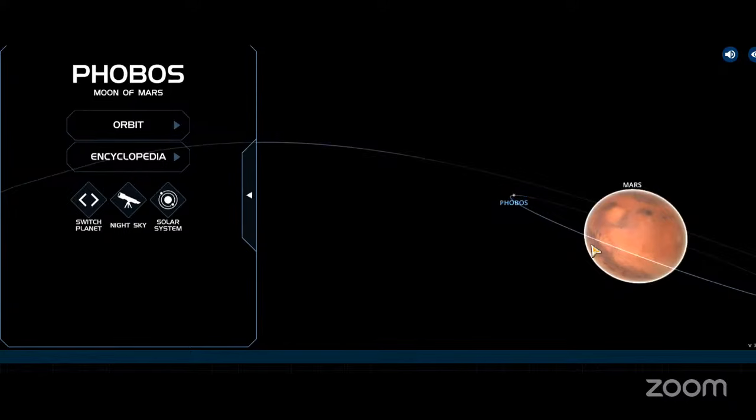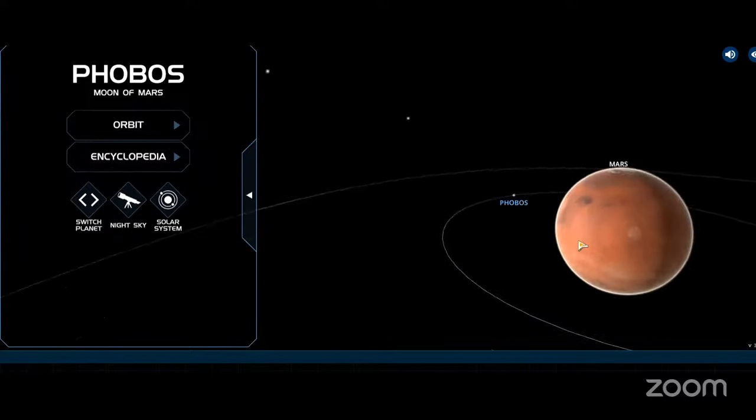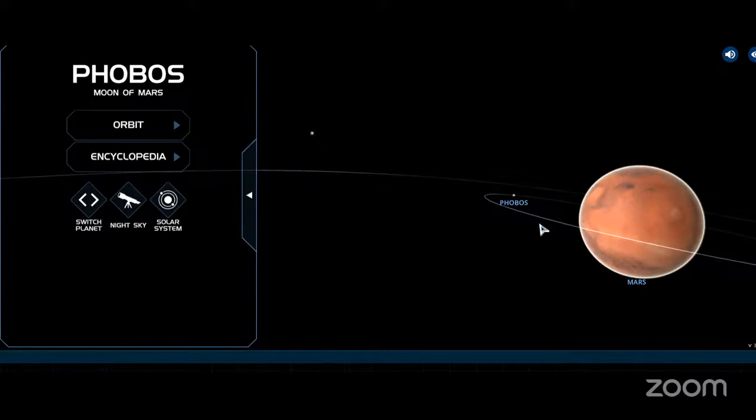Theory one is that they formed at the same time, or roughly the same time that Mars itself did. Probably not the case, because usually we see a spherical shape to the moon when that happens. Another theory is that they are captured, much like in Jupiter we have the 95 moons. They're not really moons.